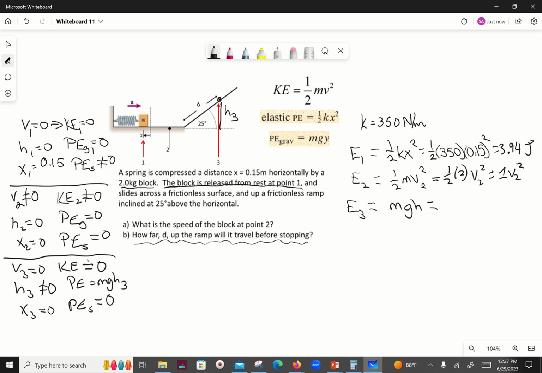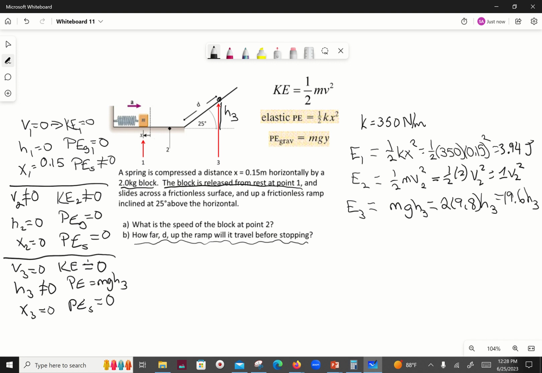No half in that one. So it's m, 2, times 9.8 times whatever my h is, and let me put a subscript h3 on that. So that's going to be 2 times 9.8, which is 19.6 h3. Okay, so now I've got equations for the energies at point 1, 2, and 3.